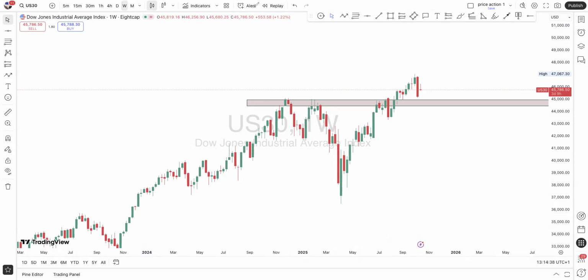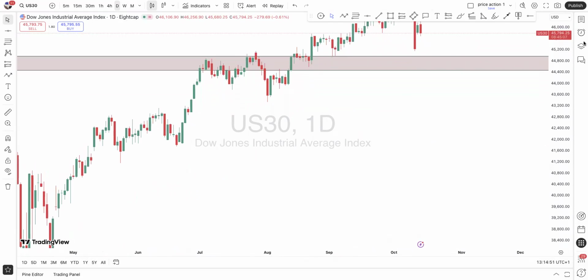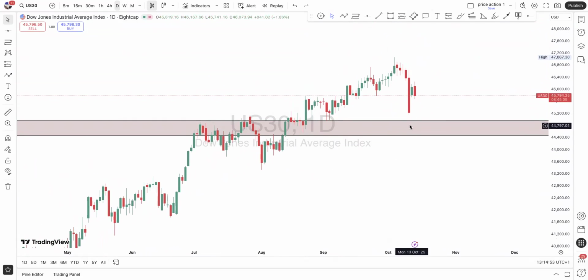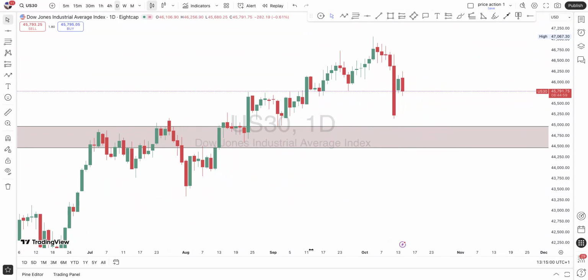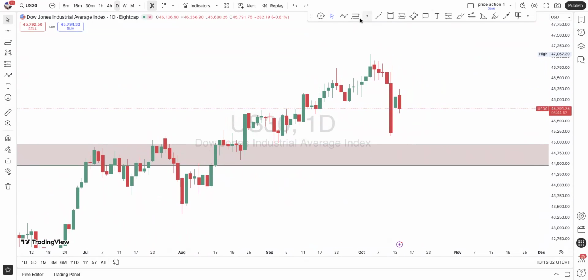So we're going to go straight to our daily time frame, so we could also get to know what is going on around that very level. Right now on the daily time frame, all eyes on this very psychological level. Remember, all eyes on this level right here.